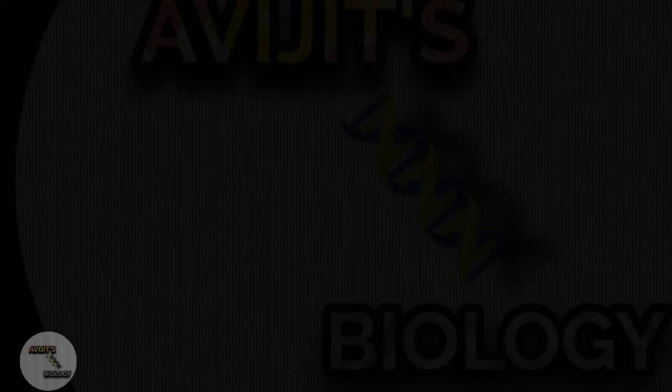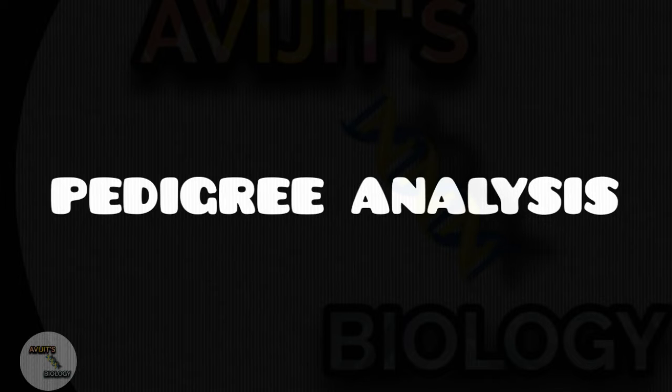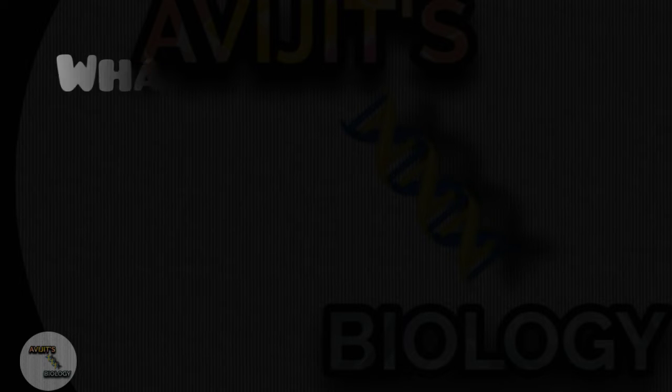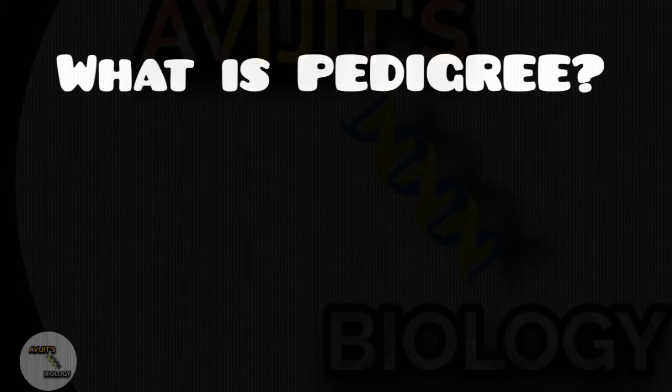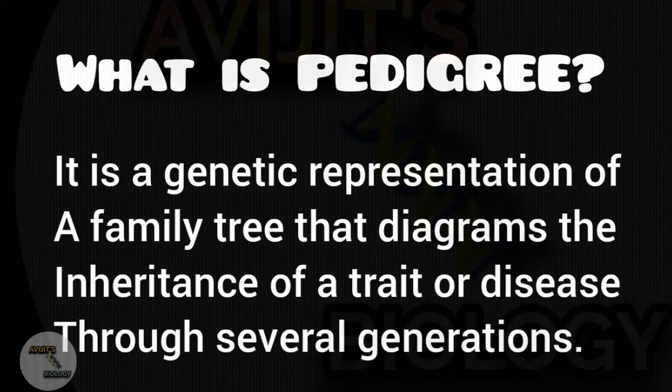So welcome back to a new video of AVIJIT'S Biology, and in this video I am going to discuss pedigree analysis. First of all, we have to know what a pedigree is. A pedigree is a genetic representation of a family tree that diagrams the inheritance of a trait or a disease through several generations.